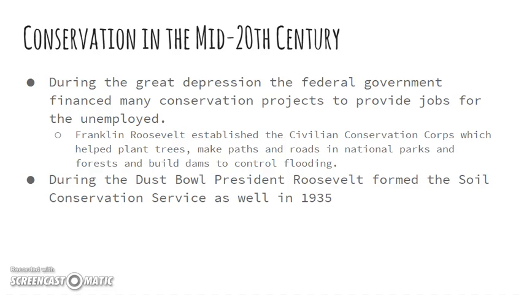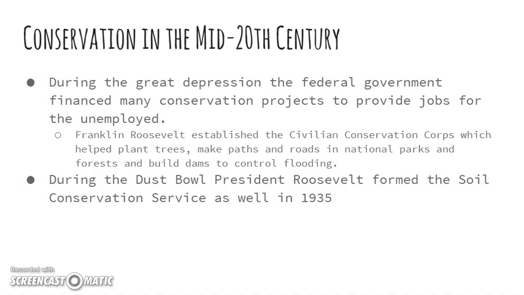So conservation in the mid-20th century, so let's fast forward a little bit. During the Great Depression, the federal government financed the conservation projects to provide jobs for the unemployed. Now, if you recall from your history class, there was a lot of issues with employment during and right after the Great Depression. And FDR basically established the Civilian Conservation Corps.